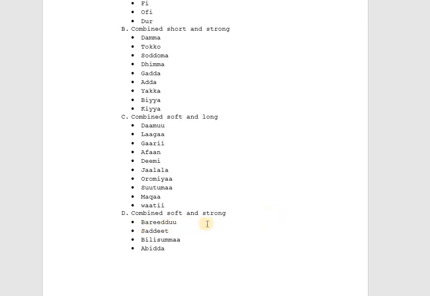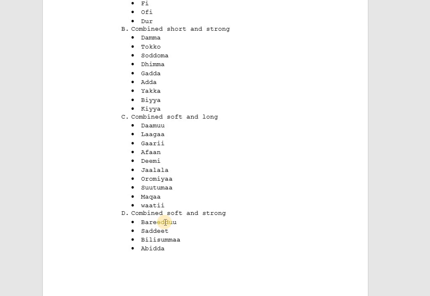Bareedu, bareedu. Which one is soft and which one is strong? Bareedu. Ba is short and soft. Ra is soft and long.